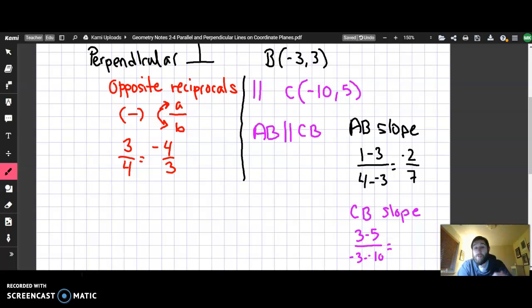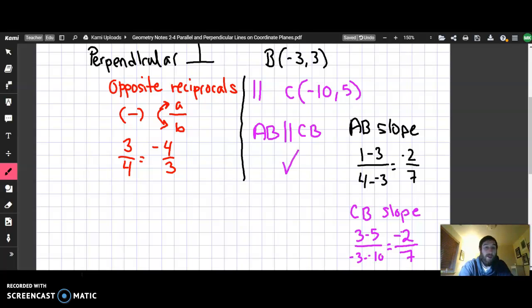Let's work through that. For CB, 3 minus 5 is going to be negative 2. And then negative 3 minus negative 10, that's a lot of negatives, but subtracting a negative is a positive. So we have negative 3 plus 10, which is a positive 7. So they are the same slopes.